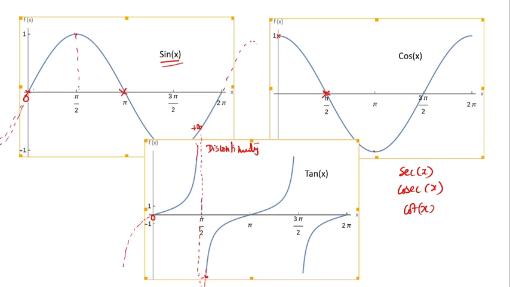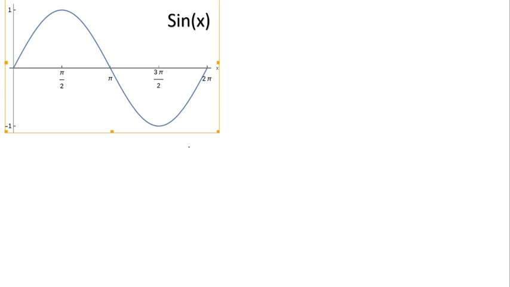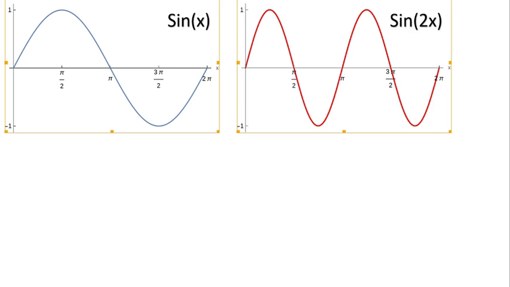Now let's move on to the next important aspect, that is sin x. I have explained to you what sin x is earlier. Now if I ask you to plot sin 2x, the plot will look like this. What happens here is, if you observe carefully, in the first case I had plotted from 0 to 2 pi, and there is a single sine curve lying in this range.